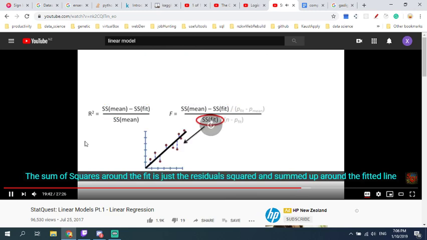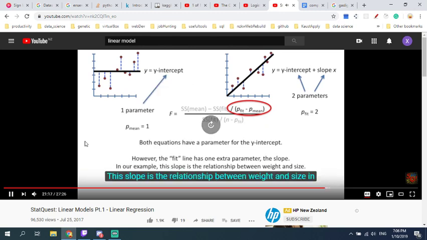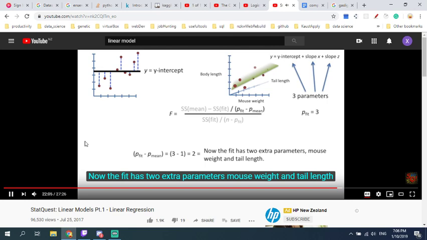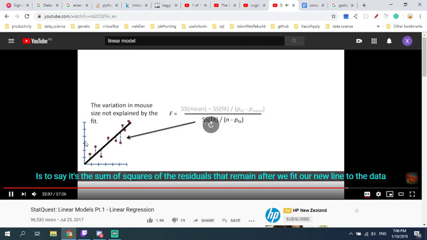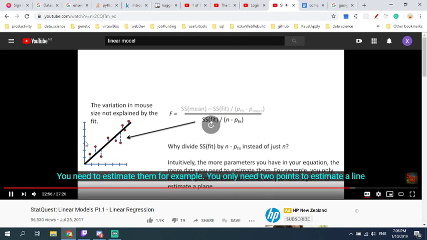The fit has two parameters, and we divide the sum of squares of the fit by n.